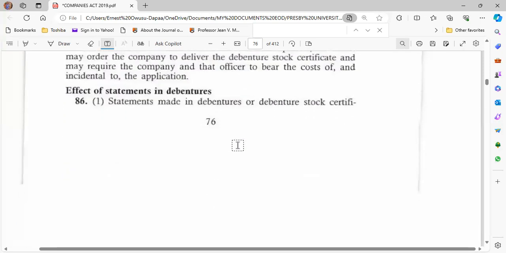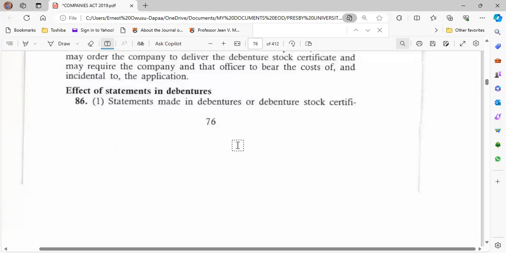Now, what is the legal effect of the statements contained in the debentures? Mind you, we've already noted that a debenture is a formal acknowledgement of what? Indebtedness. So where the debenture, the written acknowledgement, is produced, and we see things written therein, what legal effects do they produce?